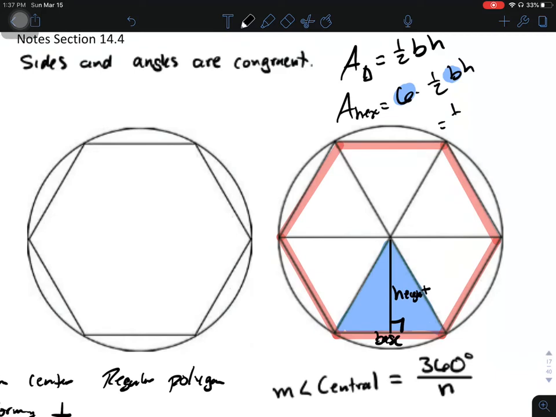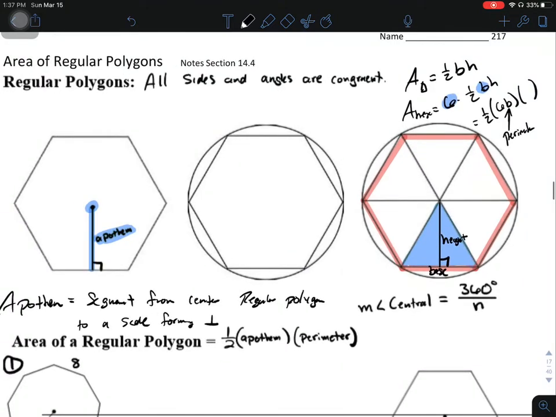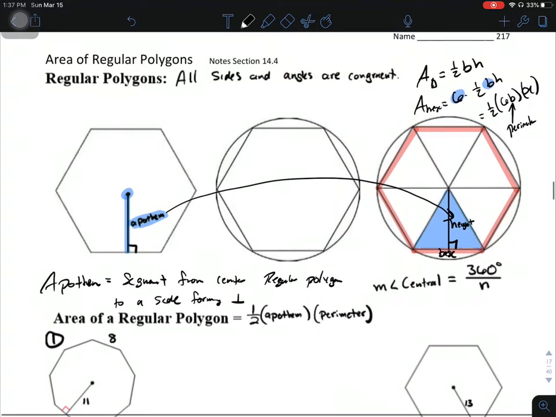So we could rearrange this and say it's 1/2 times 6 times the base, this is the perimeter, times the height. We just defined what I just called the height here as the apothem. And that gets us to this formula right here.